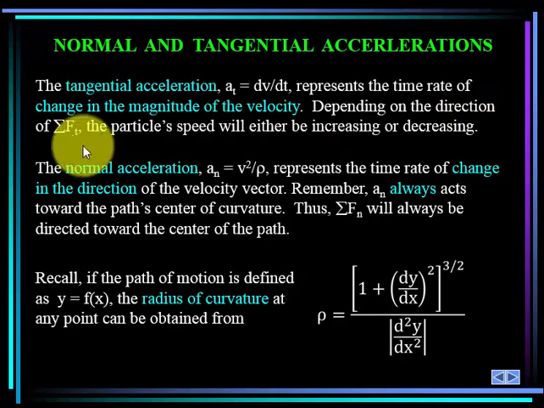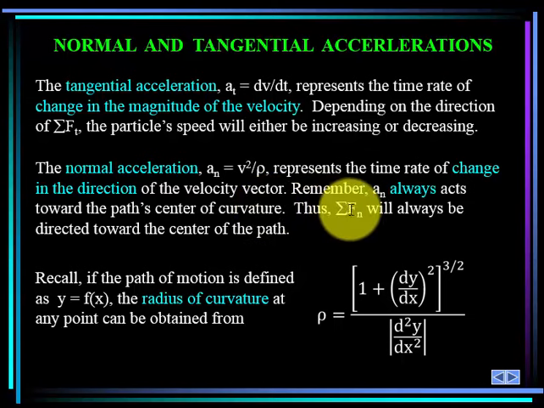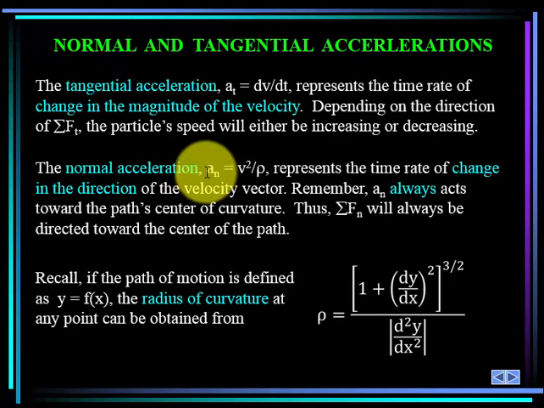That would depend on tangent direction forces. In the normal direction, we know that the normal acceleration is always v squared over rho, and that's an acceleration related to the change in the direction of velocity, always acting inward. So the sum of forces in the normal direction will always be set equal to mass times acceleration in the normal direction, which will then be set equal to mass times v squared over rho.